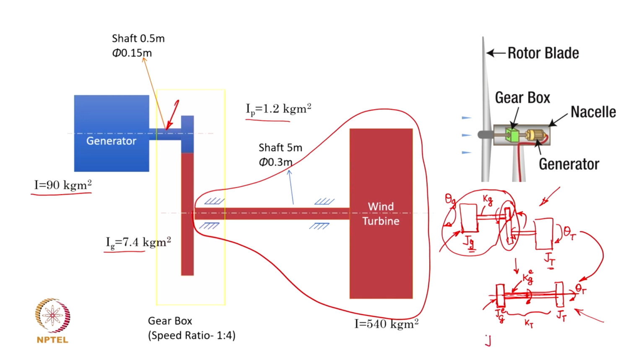So, both the original generator inertia should be scaled to an equivalent generator inertia, and the original generator shaft torsional stiffness should be scaled to a new value of generator shaft torsional stiffness. After we do that scaling and come up with an equivalent inertia and equivalent stiffness, so that the total energy of this simplified system is the same as the original system, then we have achieved the modeling process properly.